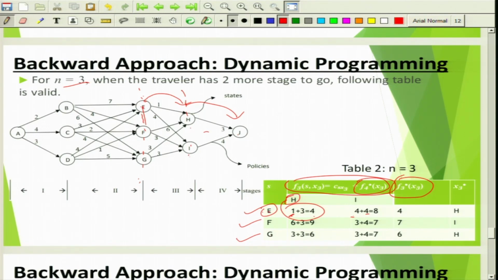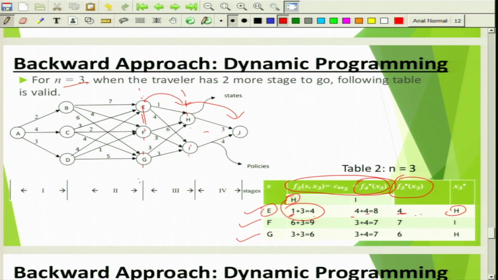Starting from point E, you have 2 possibilities, either you go to H or you go to I, and what is the most minimal cost? It says going from E to H is the most minimal one, and moving forward to reach the ultimate destination also.